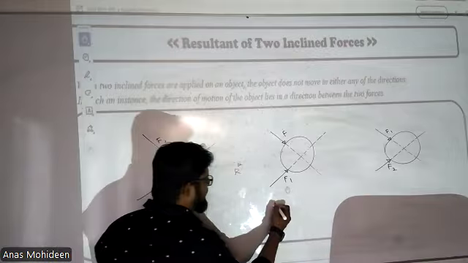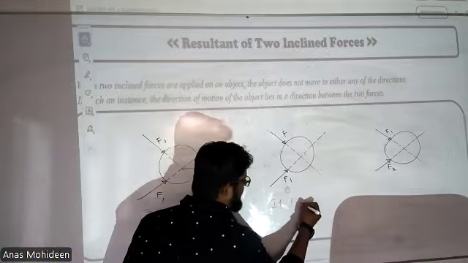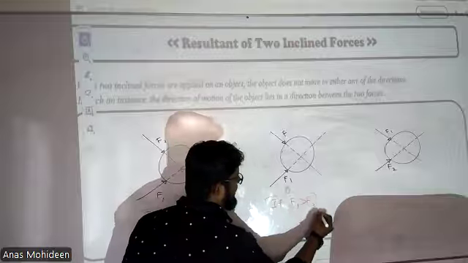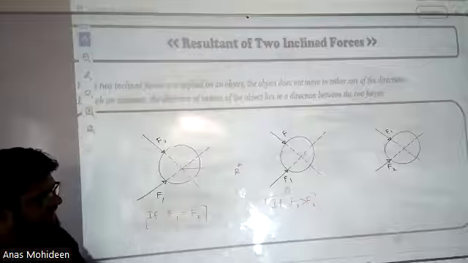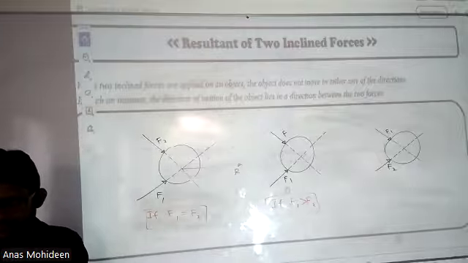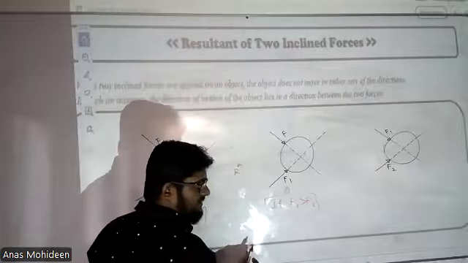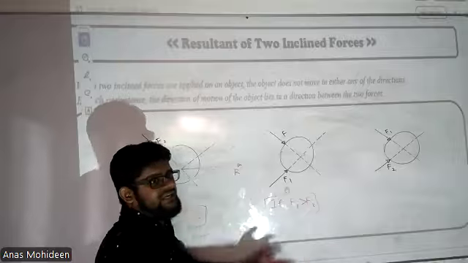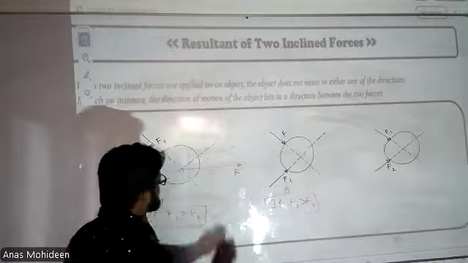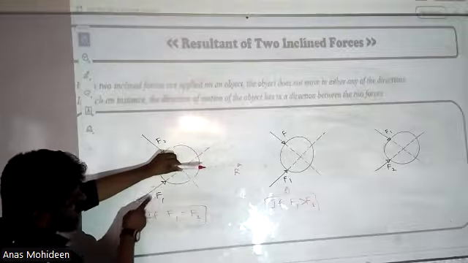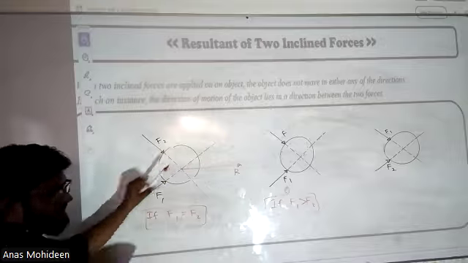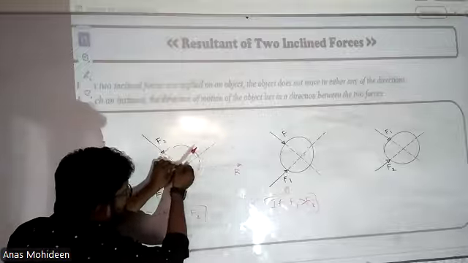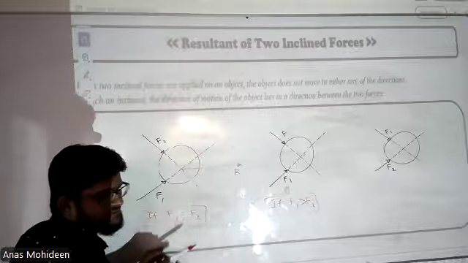Let's say I'm going to make F1 greater than F2. If F1 is more than F2, then the resultant will be heavier towards the direction of F1. From this line, F1 is greater, so it bends towards F1, but it is not on F1. It won't come to the F1 line, but closer to F1, it will bend like this. Understand?